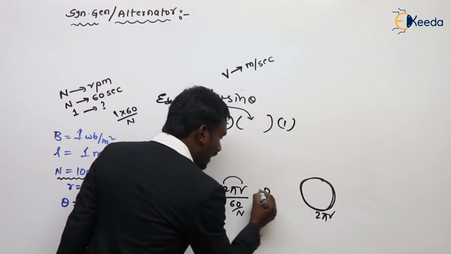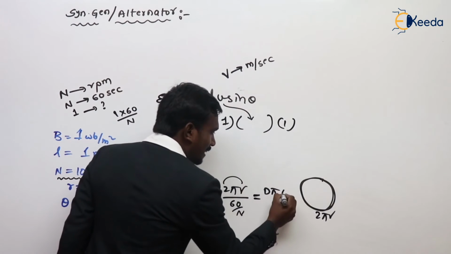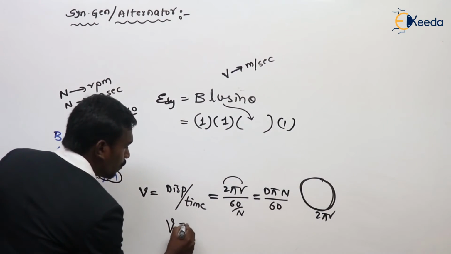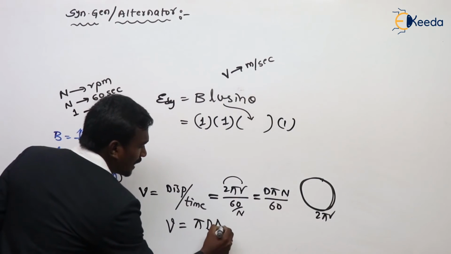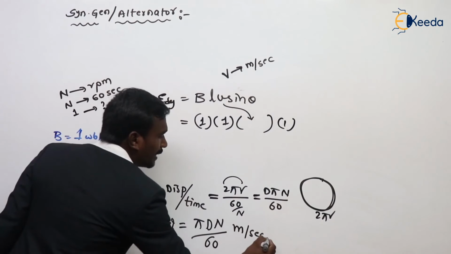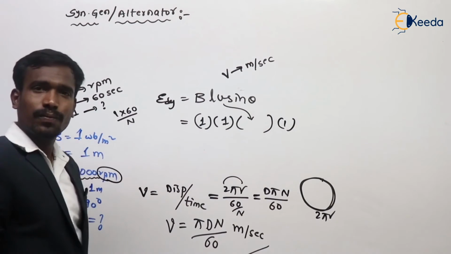So the velocity is pi D N upon 60 meters per second.